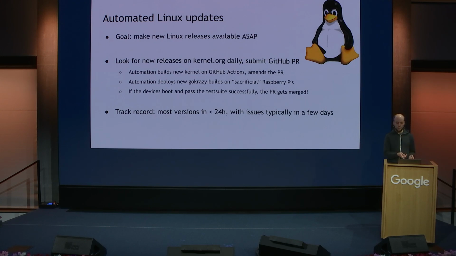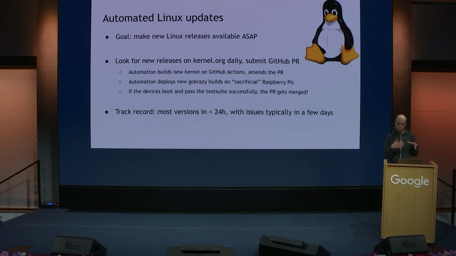Sending this pull request triggers another automation run. Now the pull request is taken, and a kernel is built on GitHub Actions, which is actually built reproducibly. So if you don't trust GitHub Actions, you can build it on your own device or somewhere else entirely, and it will be bit for bit identical. Once the kernel has been built, it will amend the pull request with the kernel, and then the update of the pull request triggers another run of automation.